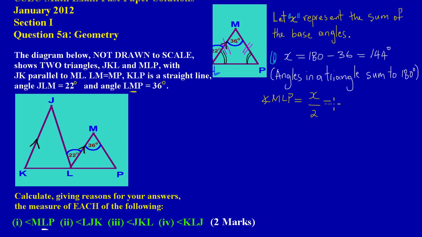And we all know that the sum of the base angles came up to 144. That's 144 divided by 2, which is equal to 72 degrees. So the angle here, MLP, would be 72 degrees. Also, the angle MPL across here would also be 72 degrees because both angles are equal.